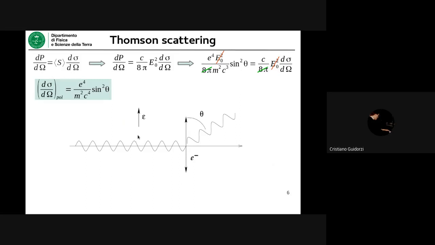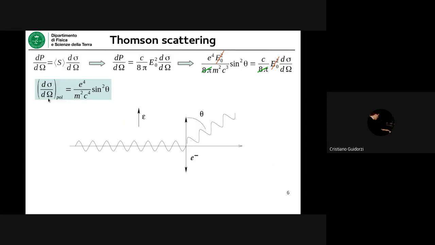But the electric field, I remind you, is oscillating vertically. If I call epsilon the unit vector of the direction, it means that the electric field is oscillating this way. This means that the wave I am considering acting on the electron is a linearly polarized wave, because I am considering the case of a fixed direction along which the electric field is oscillating. This explains why I put this as a subscript here: pol means this is the differential cross-section in the case of a polarized wave.